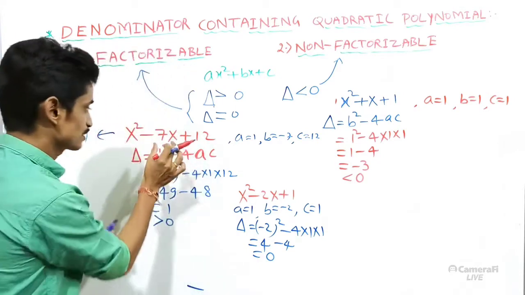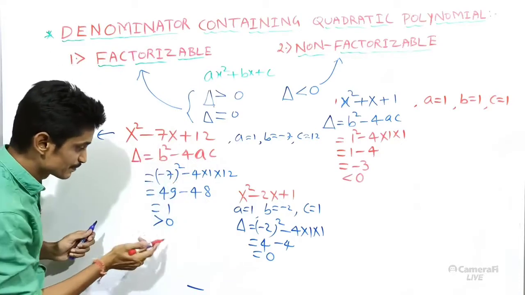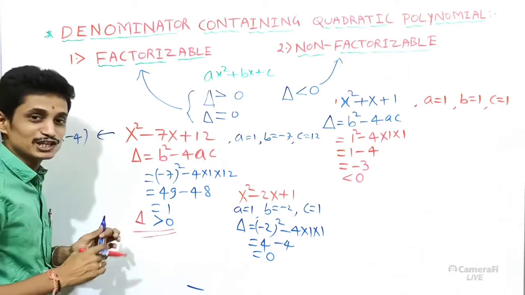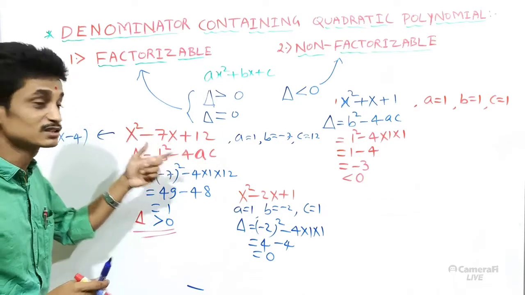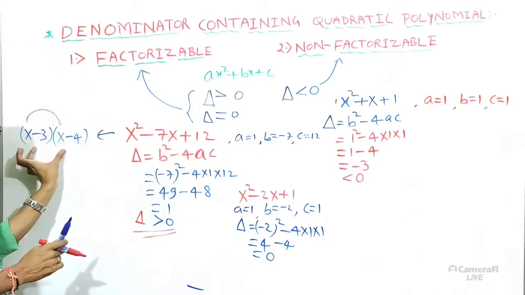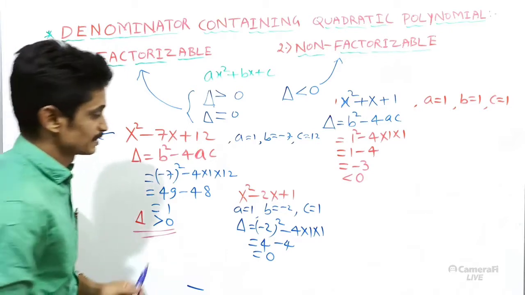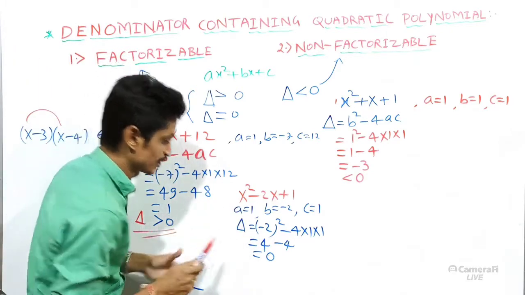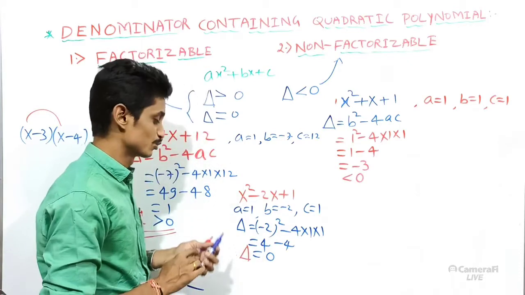Got it? This type of quadratic polynomial, that is, whose discriminant is greater than 0, will give us non-repeated linear factors. Now this type of quadratic polynomial, whose discriminant is equal to 0.